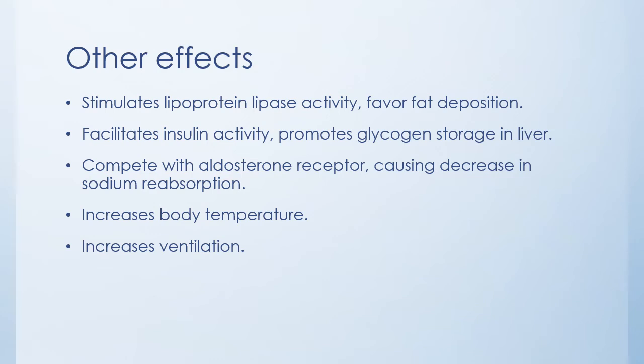If you chart your basal body temperature for your menstrual cycle, you notice that there's a slight increase of at least 0.5 degrees Celsius when progesterone is around, which is after ovulation.